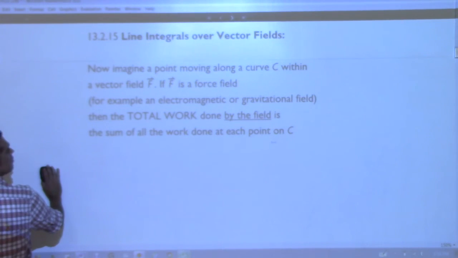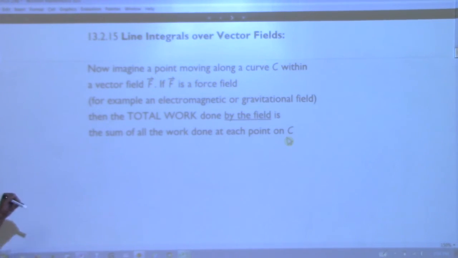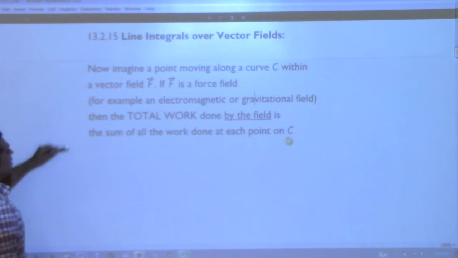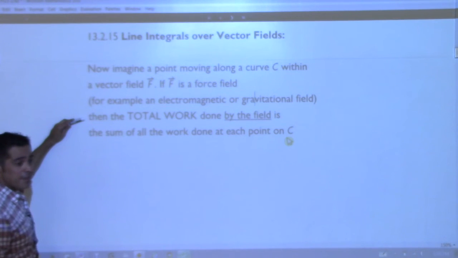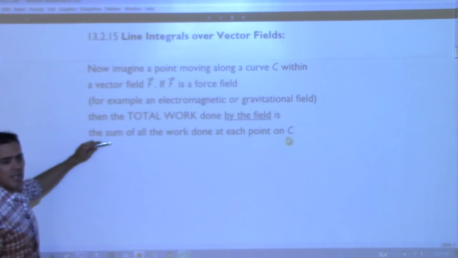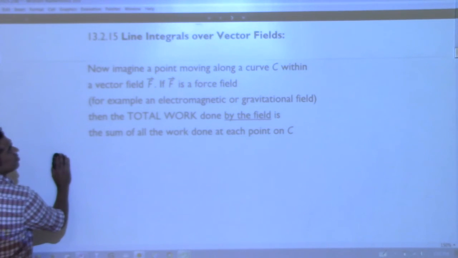That vector field applies a force to the particle moving along the curve C. Then the total work done by the vector field is the sum of the work done at each point. I'm going to show you this visually.